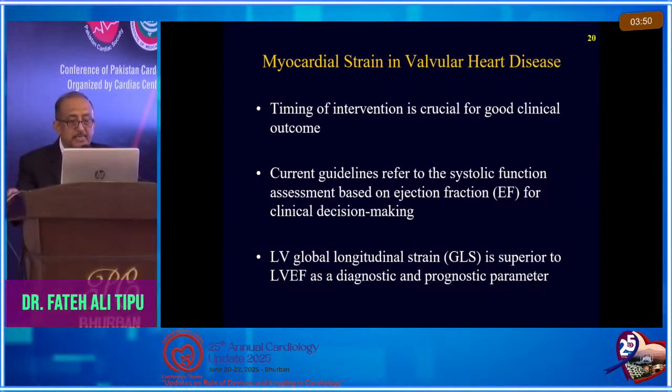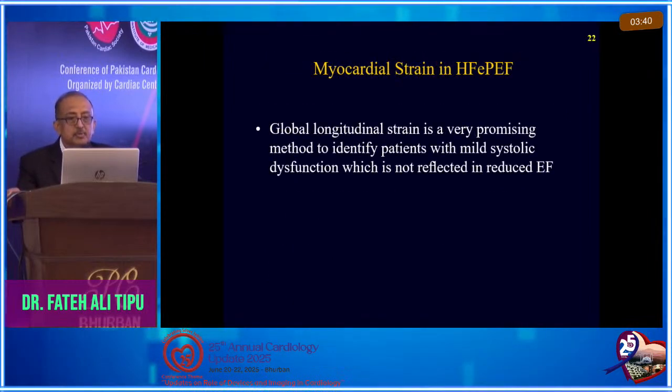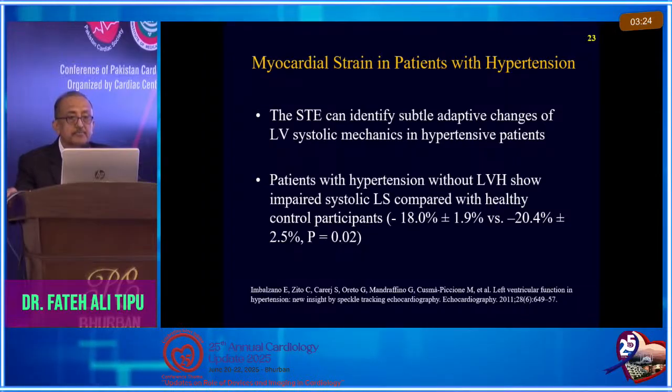Then we can use the myocardial strain in valvular heart disease, although it's still not in the guidelines, it may come in the future. Then the myocardial strain in HFpEF is another condition where we can use global longitudinal strain, a very promising method to identify patients with mild systolic dysfunction, which is not reflected in reduced EF.